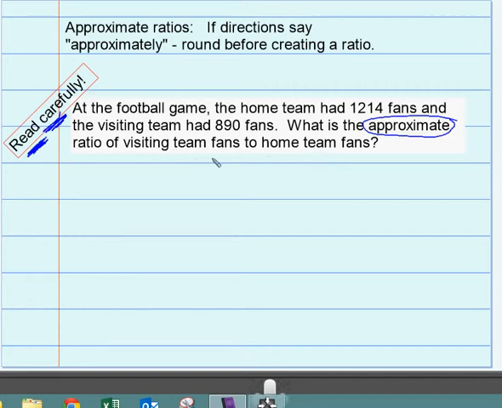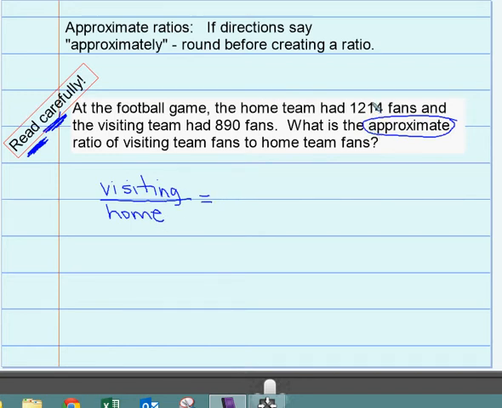So this is where if you write your fraction out, visiting team to the home team, that helps me organize my ratio so that I get the numbers in the right spot.